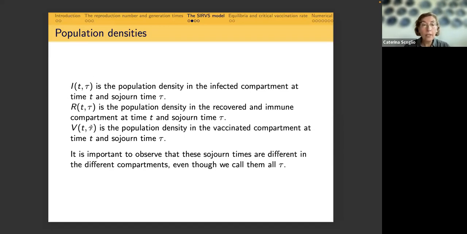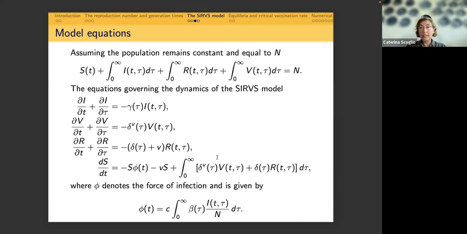So they all depend on tau: I of t, tau, R of t, tau, V of t, tau. And this sojourn time is obviously different in the different compartments, but we don't name it differently, to have a lighter notation. And so the model equations with these partial differential equations become the following.